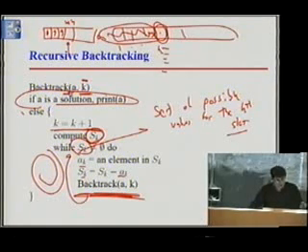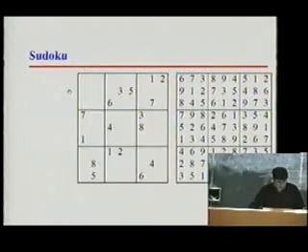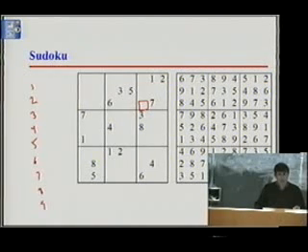Let's take an example. What possible values are there for this slot? Are the possible values 1, 2, 3, 4, 5, 6, 7, 8, 9, or is it a smaller set of possible values? Can it be 1?